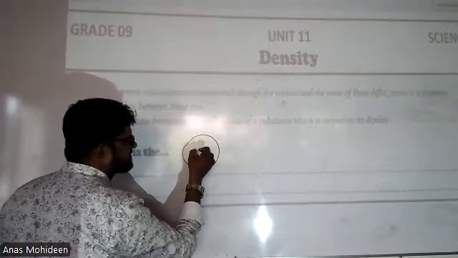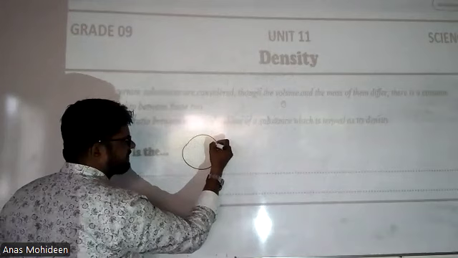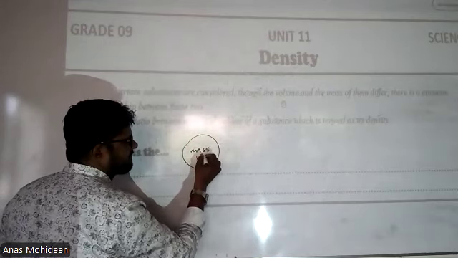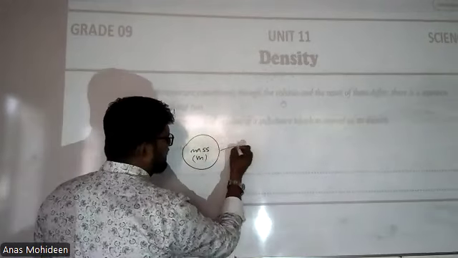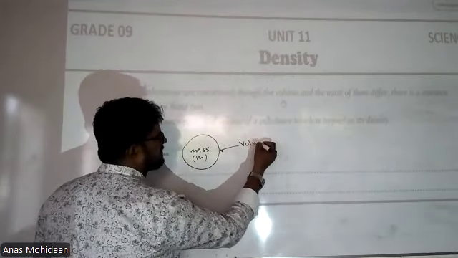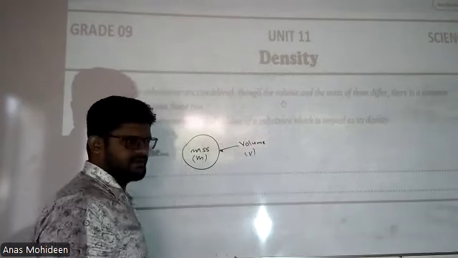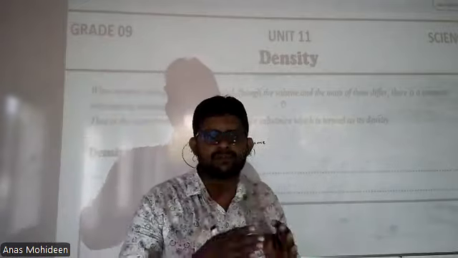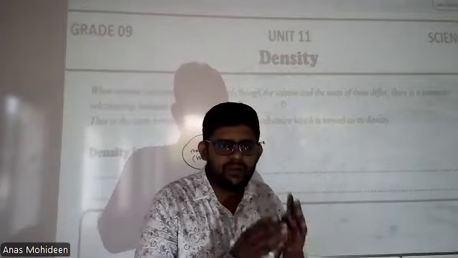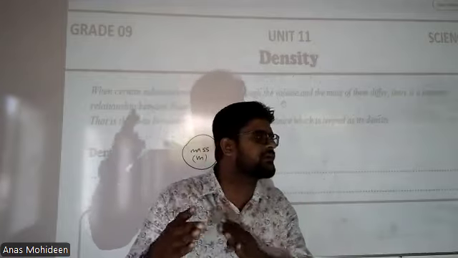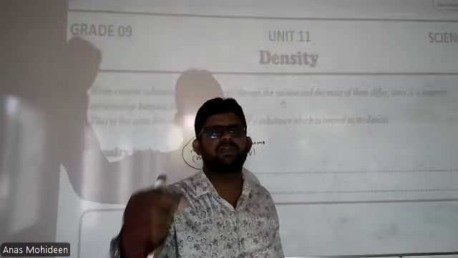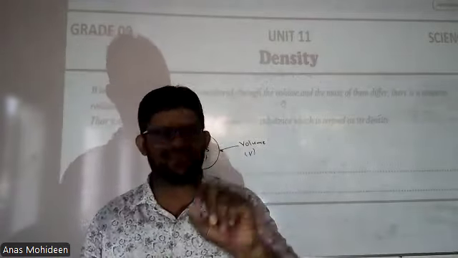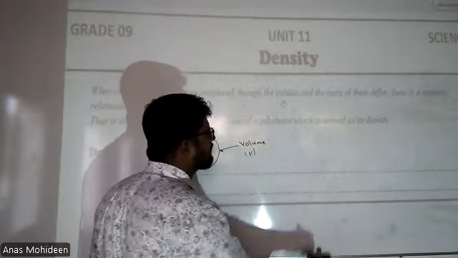The object of mass m, and its volume is v. So we define the density as mass per unit volume. Repeat after me. What is density? Mass per unit volume. Unit volume means per cubic meter.